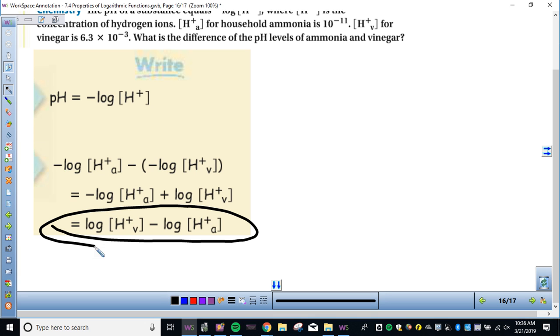You'll have a problem like this on your quiz. You have a magnitude problem and a pH problem on your quiz and test. This is the last one we're doing too, just so you know. And homework. You can bust out your homework and get it done in class today.